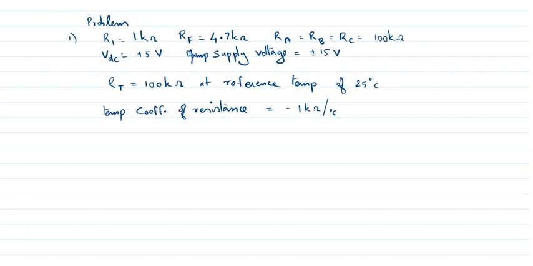Okay, so first of all, at 0 degree Celsius, delta R is the change in resistance of the thermistor. So in that condition, we will find out the delta R of the circuit.